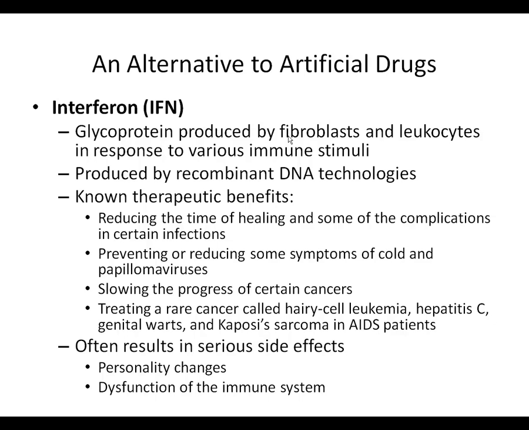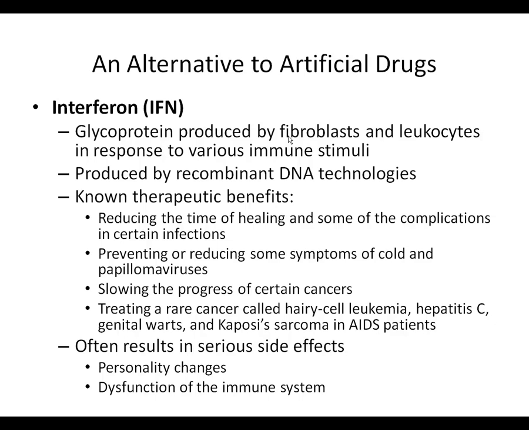We can make interferon through a process of recombinant DNA technology. We can take interferon from one organism and we can put it into another organism and make a lot of interferon. Number of therapeutic benefits: it reduces the time of healing and some of the complications that you have with certain infections.